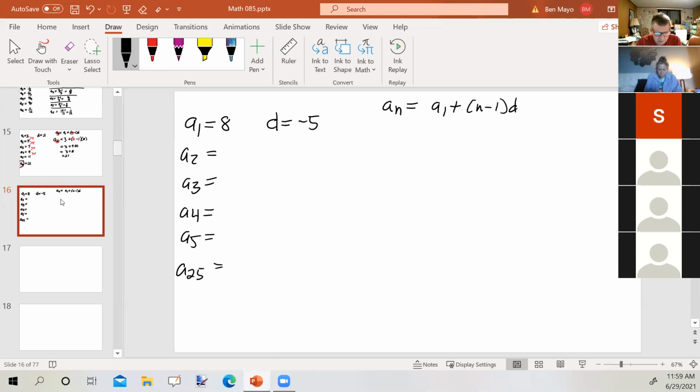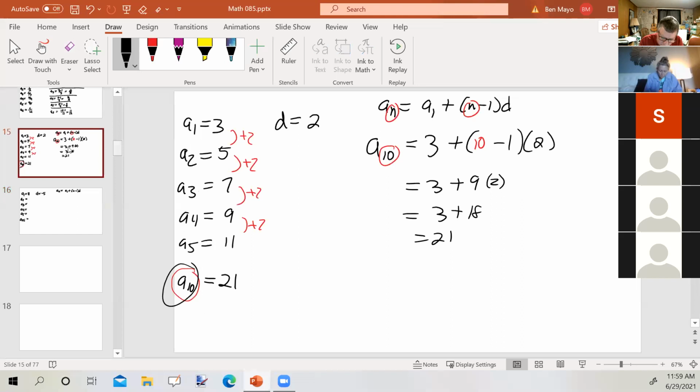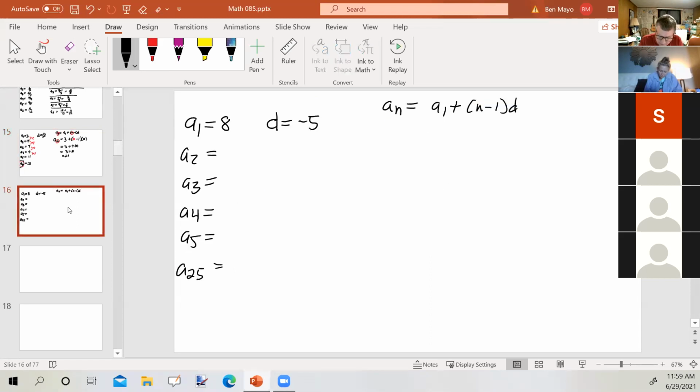Now, just like in the previous problem where I took a sub 1 plus the common difference to get a sub 2, plus the common difference to get a sub 3, et cetera, in each case, what am I going to do? I'm going to add, careful, I'm going to add a -5. Isn't adding a -5 like subtracting 5? So 8 minus 5 is 3, minus 5 is -2, minus 5 is -7, minus 5 is -12.